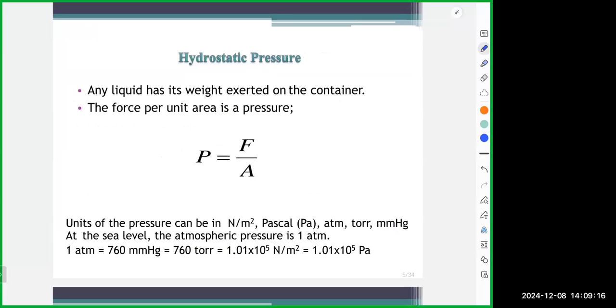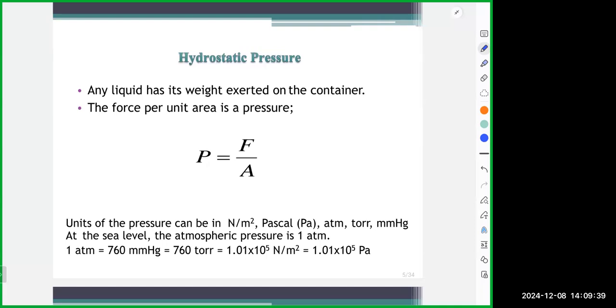Right now, we study the hydrostatic pressure, which I am sure you understand from high school. By the definition, pressure is the ratio between force and unit area. Pressure equals force over area.